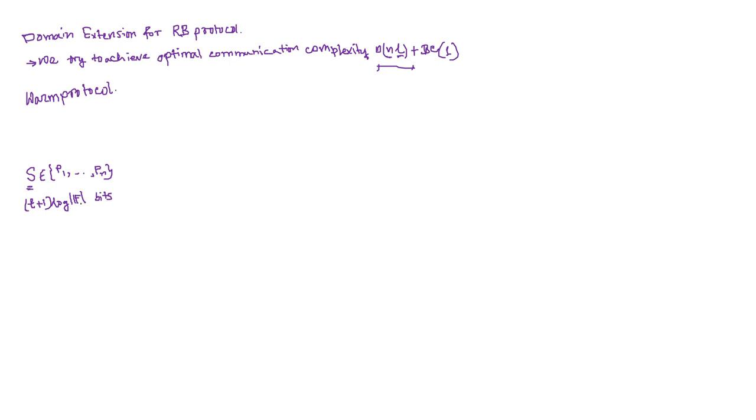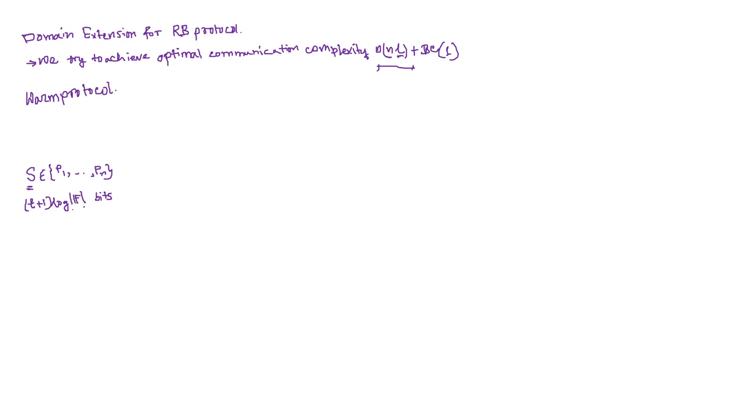If the field has cardinality |F|, then any field element can be expressed with at most log of |F| bits.